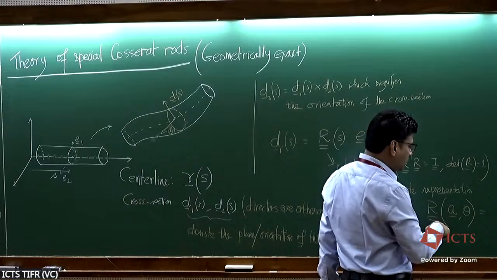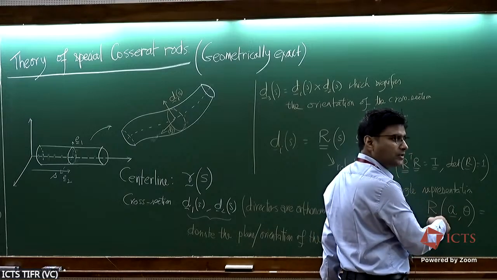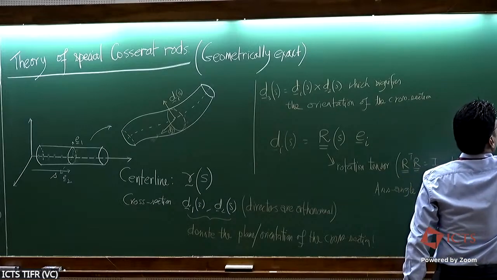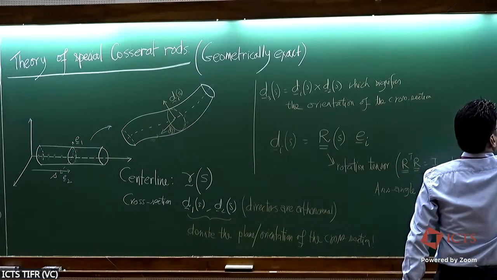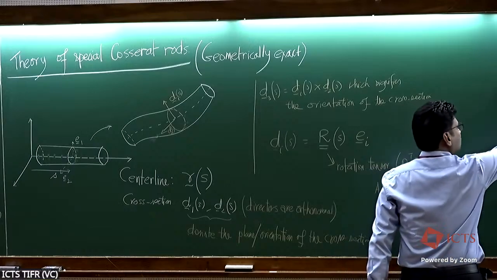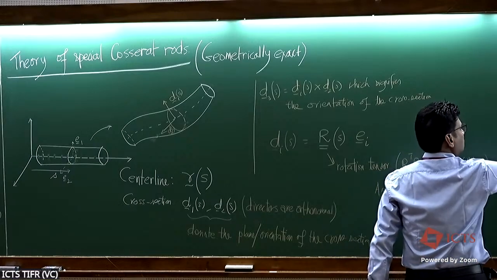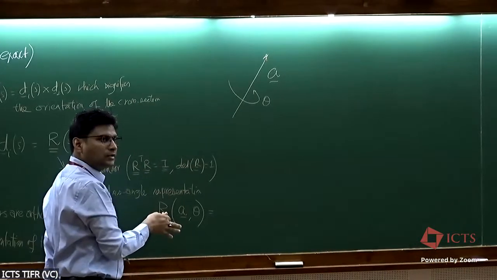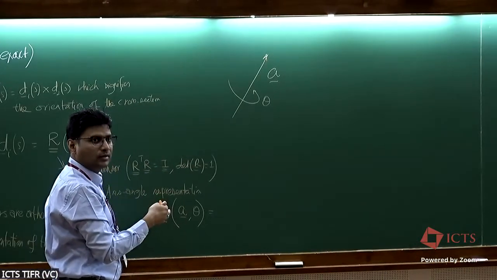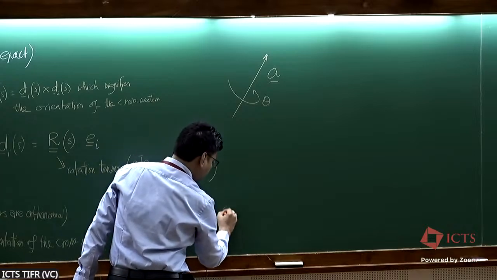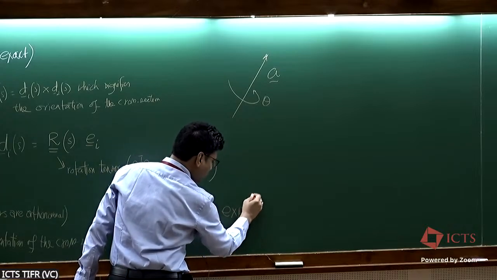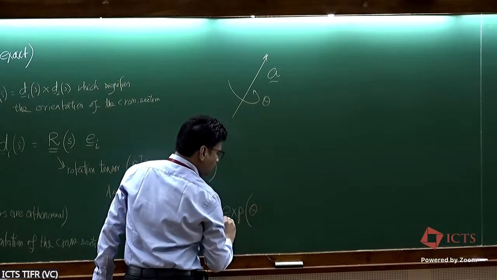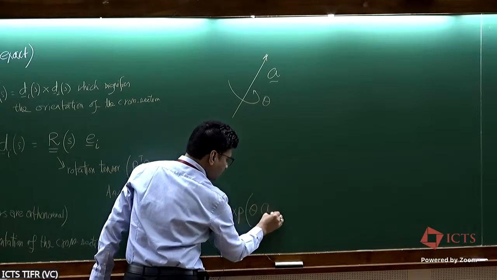So this is physics here, rotation with an axis A and rotation by theta, but how do I write this mathematically? So this can be then written as exponential of theta times a skew symmetric tensor A.